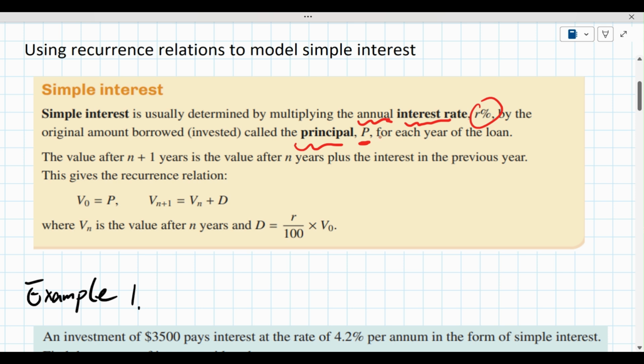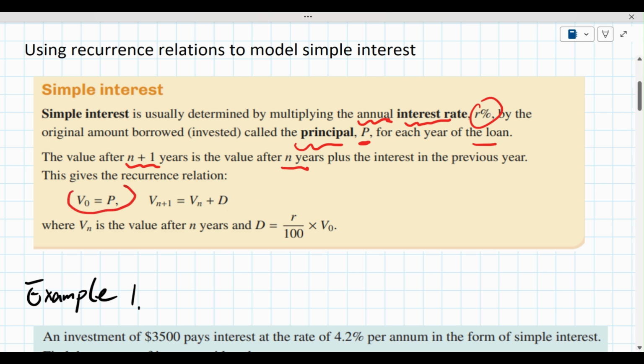For each year of the loan, we need to know how much interest is added. The value after n plus 1 years is the value after n years plus the interest from the previous year, so you always add the same amount.